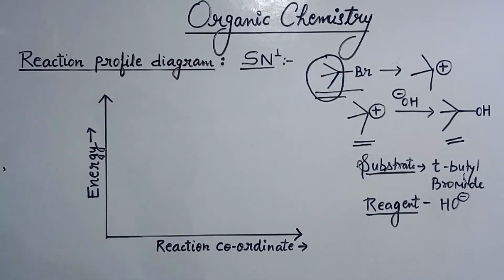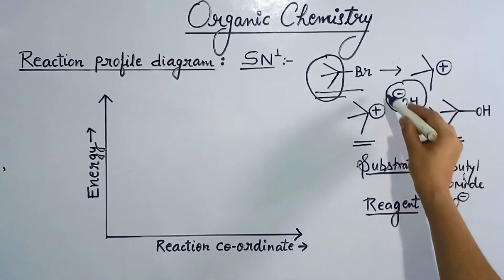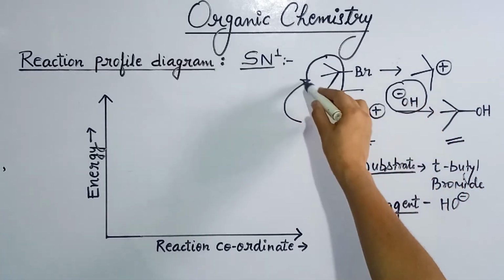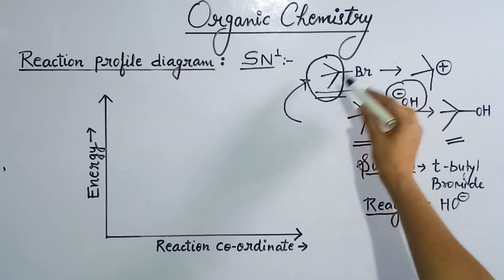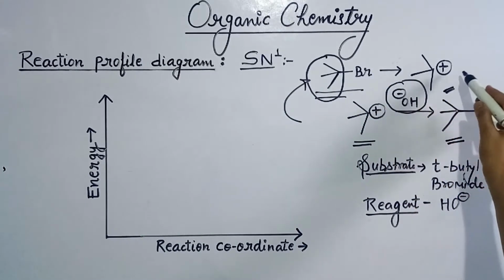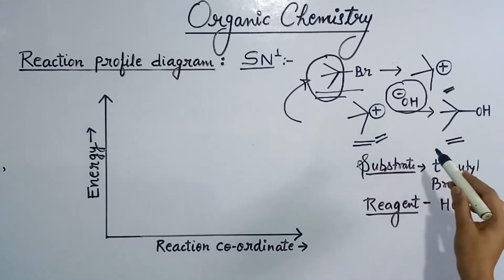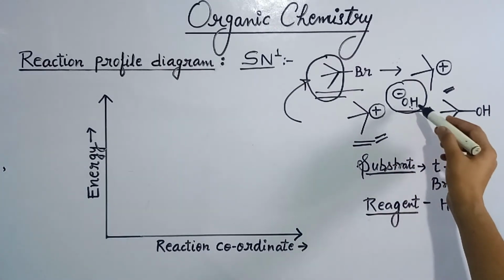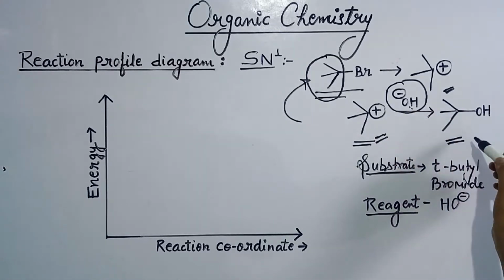Three methyl groups are there, so the hydroxy group cannot attack from the backside because of steric hindrance. So this will first undergo bond breakage and bromine is released to form a carbocation, and this carbocation is stable. Now the hydroxy group will attack that carbocation and form the final product.